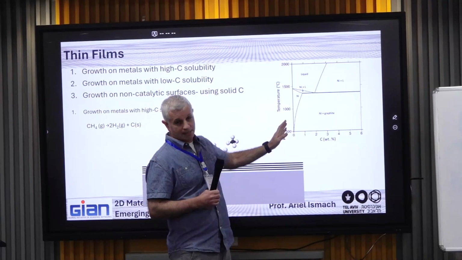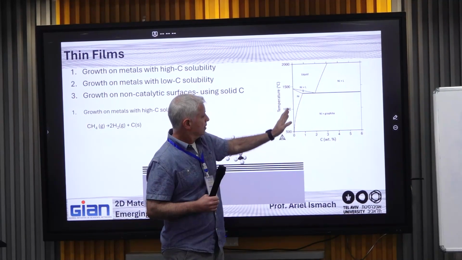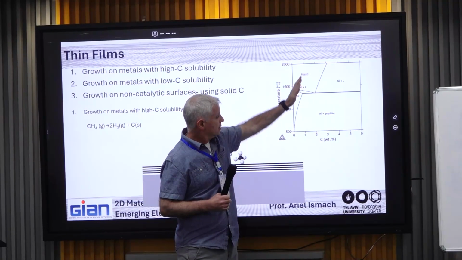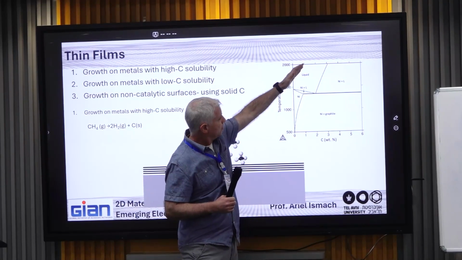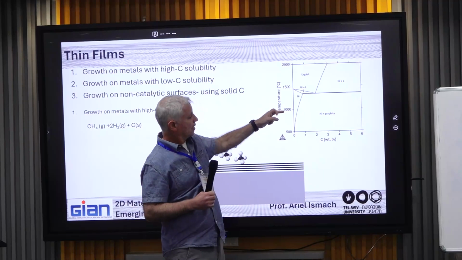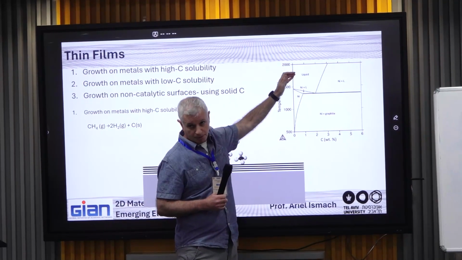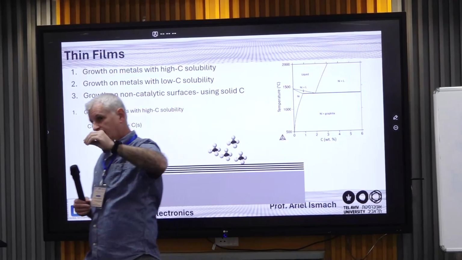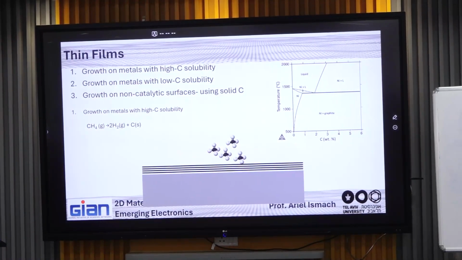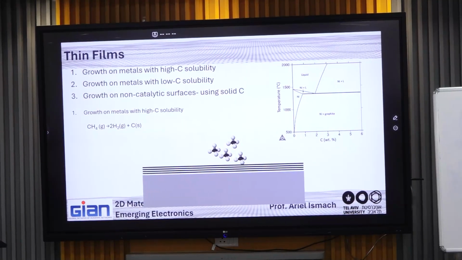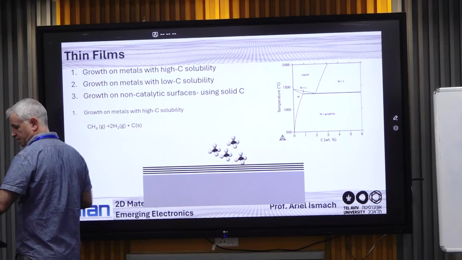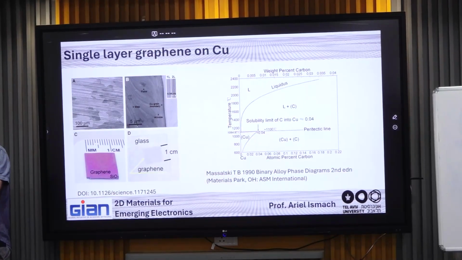You may have another metal where this is all shifted up to much higher temperatures, so that at 1000 degrees the solubility is still low. At higher temperatures the solubility is high, so you need to check the solubility of carbon at the growth temperature. That's what's important for you. Okay, so this is about growth on a high solubility material.